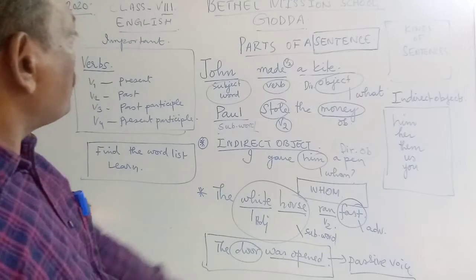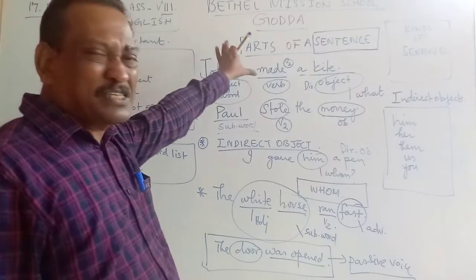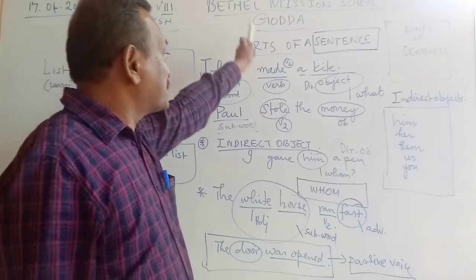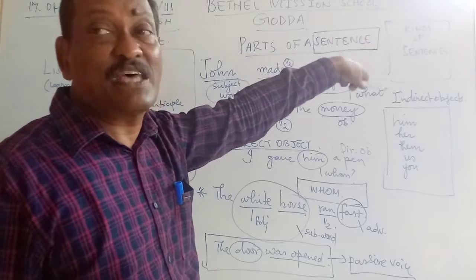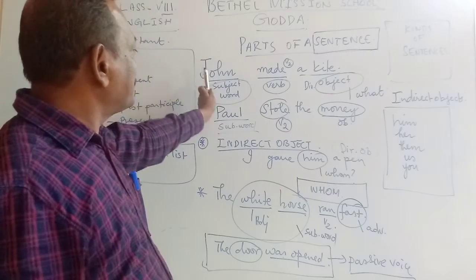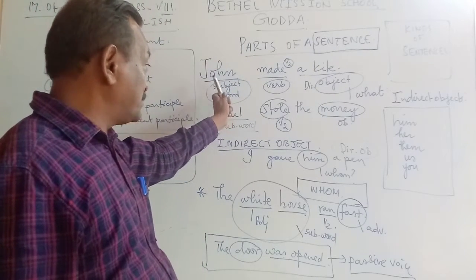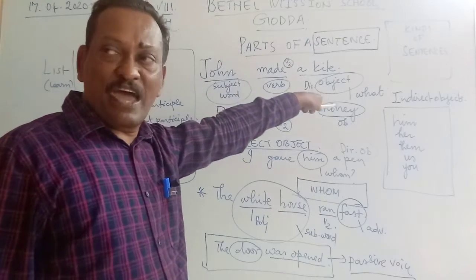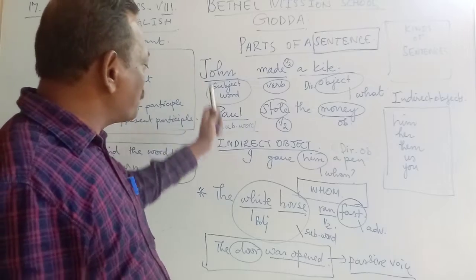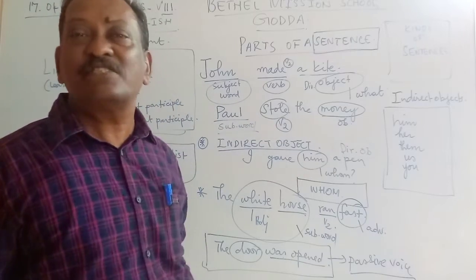So, before we wind up, let me give you the gist of what we discussed today. We discussed the parts of a sentence, but before that you must know what kinds of sentences there are. A sentence has a subject followed by a verb and a direct object. Sometimes there would be a direct object as well as an indirect object.